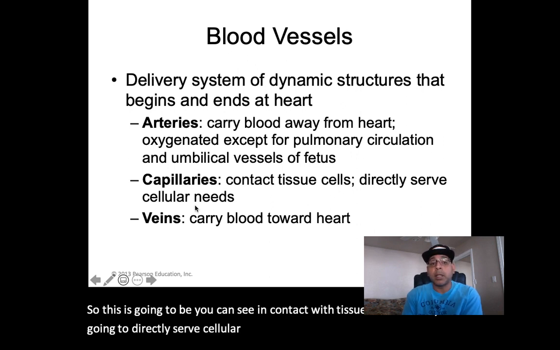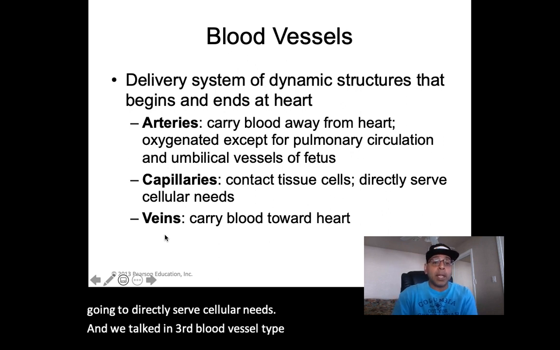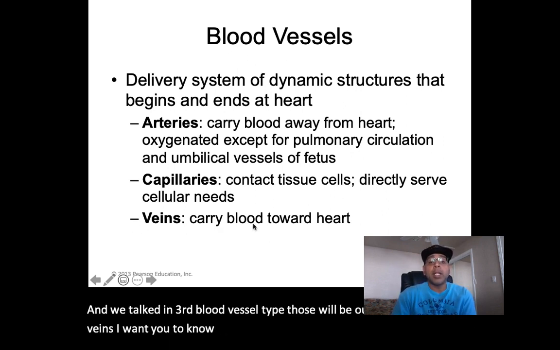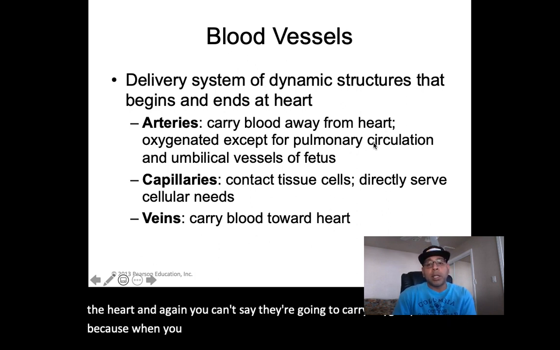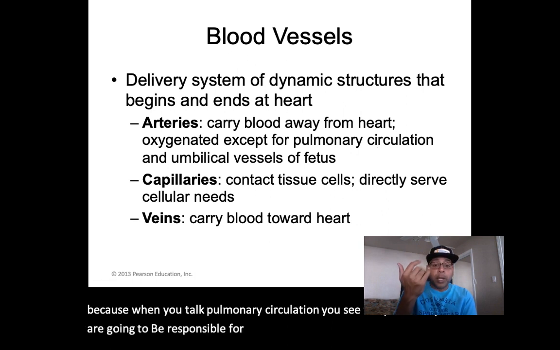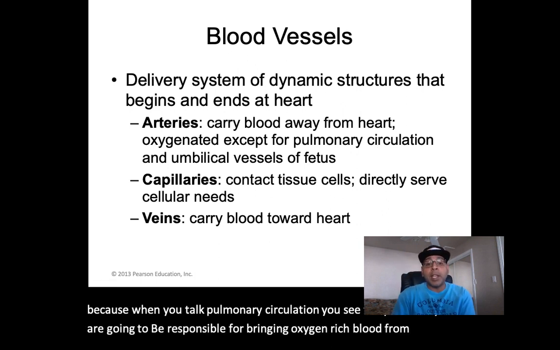And when we talk about the third blood vessel type, those will be our veins. Veins are blood vessels that carry blood towards the heart. Again, you can't say they carry oxygen-poor blood, because in pulmonary circulation the pulmonary veins are responsible for bringing oxygen-rich blood from the lungs to the left atrium of the heart.